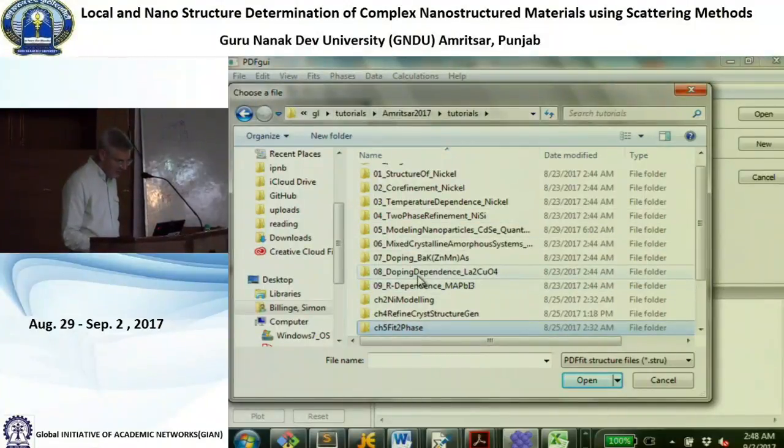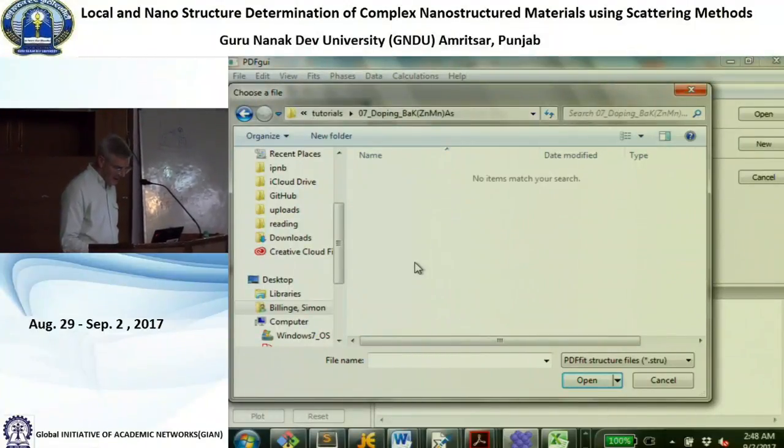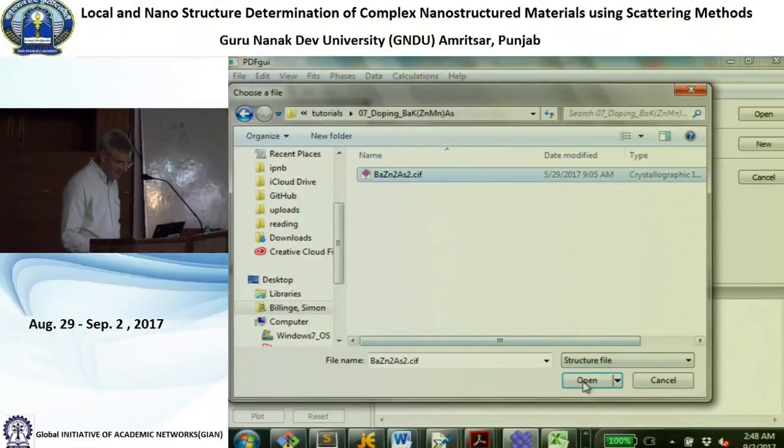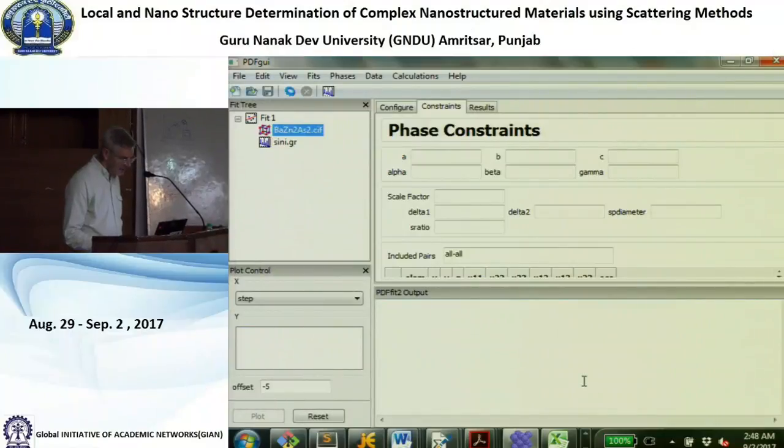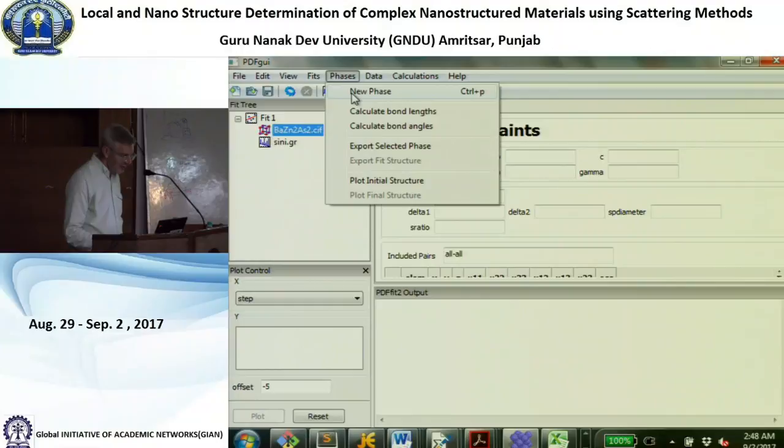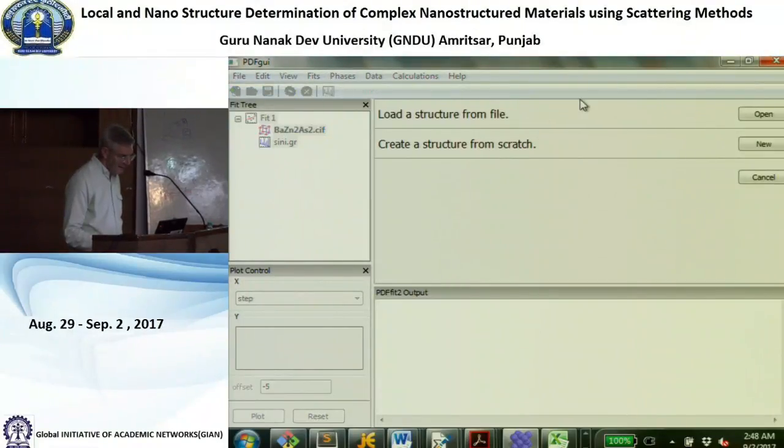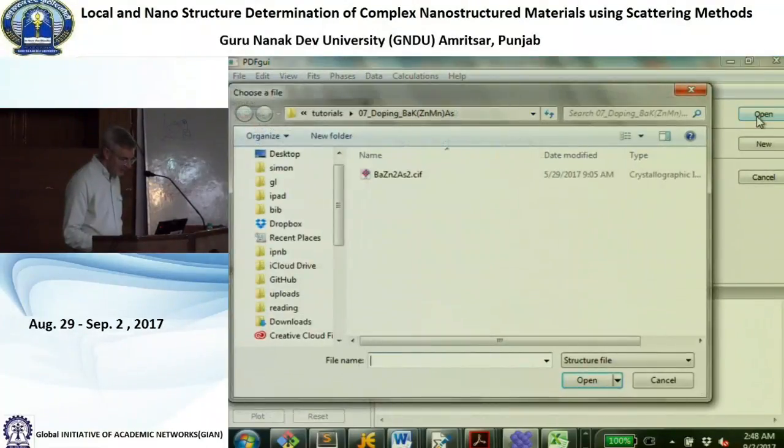So let's go to this one. I could load this CIF file, but what I would do is add a new phase to the same fit, and I would load this one.